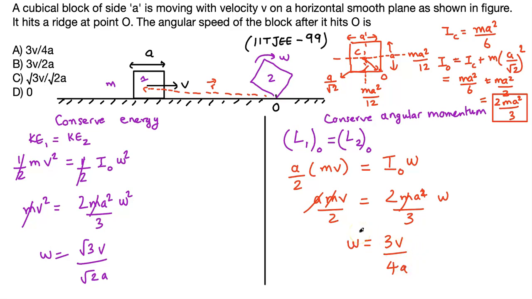Isn't this interesting? When we conserve energy, we get one equation, and when we conserve angular momentum, we get another equation. So if you are confused like I am, I encourage you to pause the video now and think about this. Obviously, this is a single correct, single choice problem. So only one of these is correct.